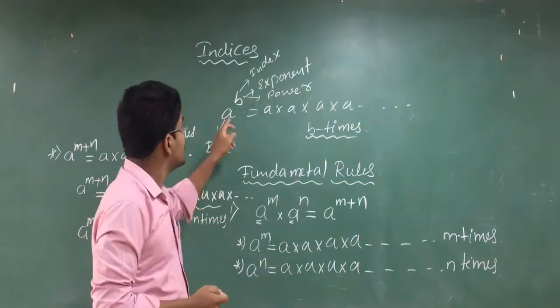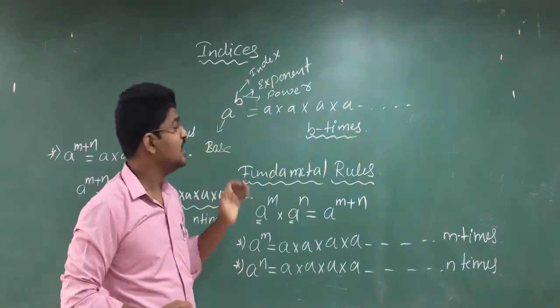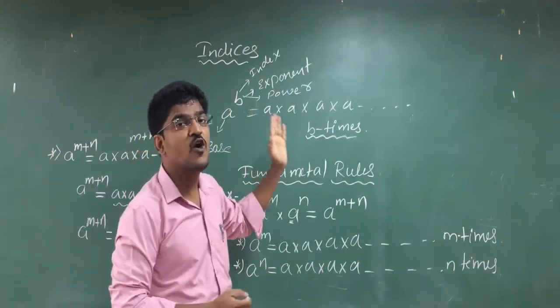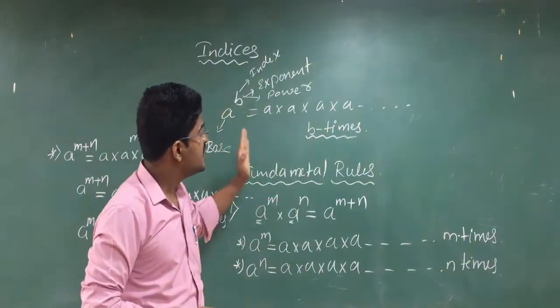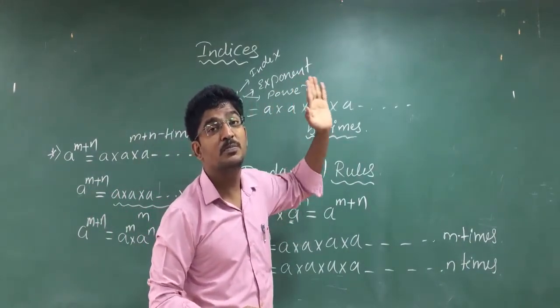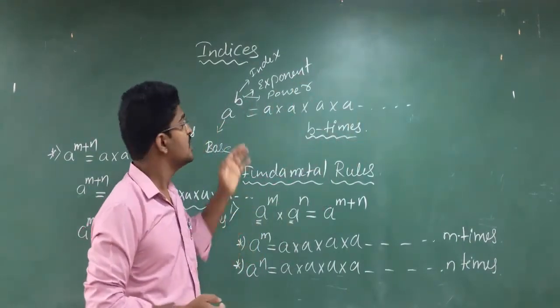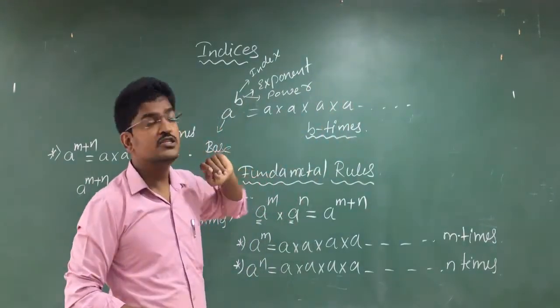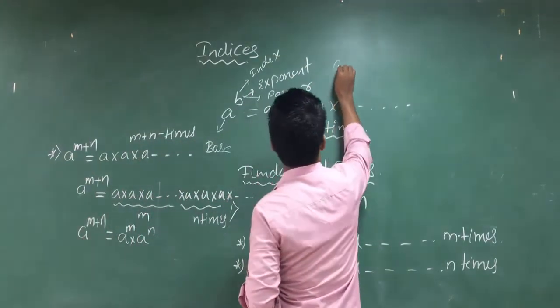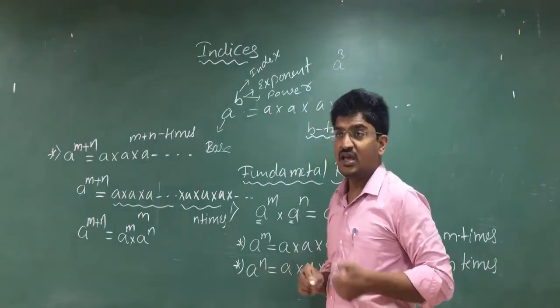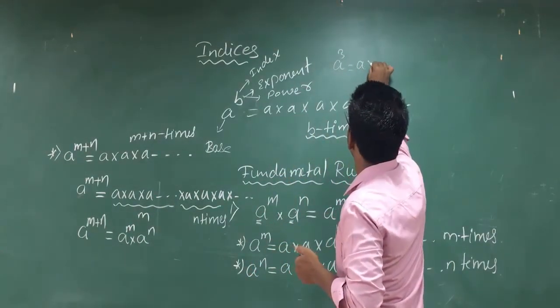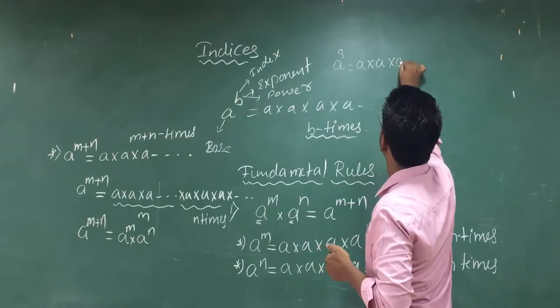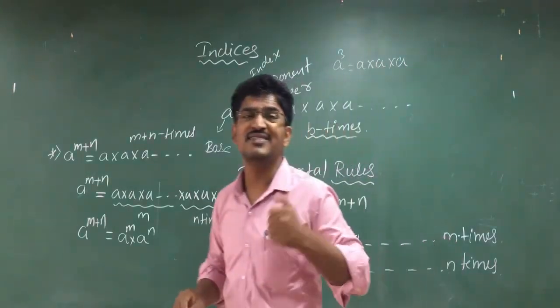Clear? So a to the power of b means a is multiplied for how many times? A is multiplied for b times. Suppose if I write a to the power of 3, a is multiplied for 3 times.